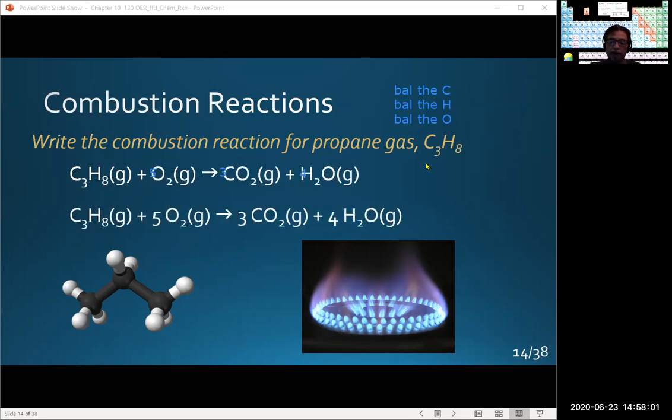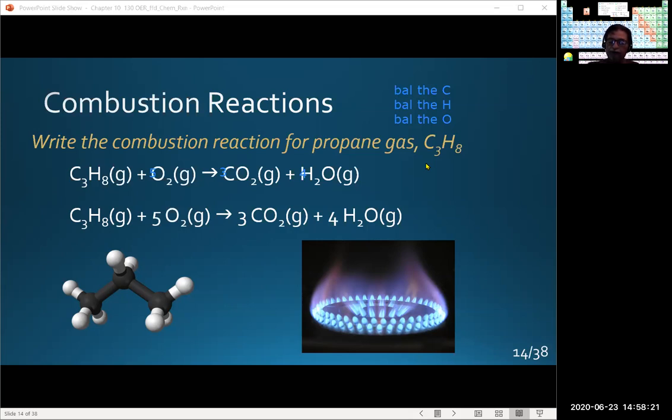You're balanced. So for combustion reactions of hydrocarbons, you know that oxygen is a reactant, so that's something you got to put in first as a reactant. And you know that the only 2 products for hydrocarbons are carbon dioxide and water.